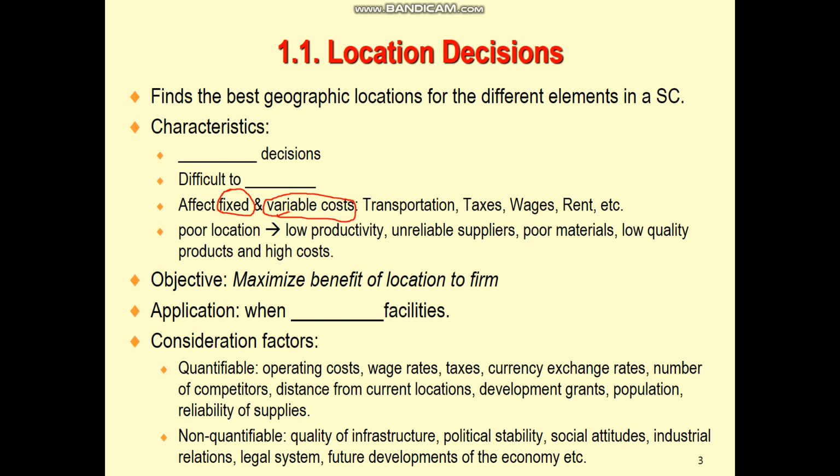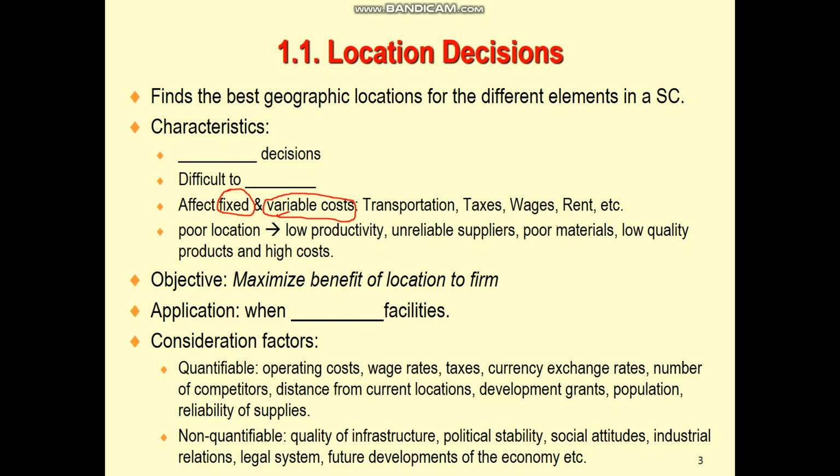Why is there high cost? For example, the transportation cost. If you locate your store too far from the supplier, you have to pay more transportation costs. Therefore, we have to be careful when we make the location decisions.